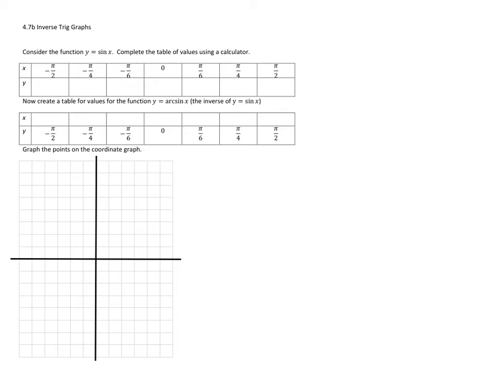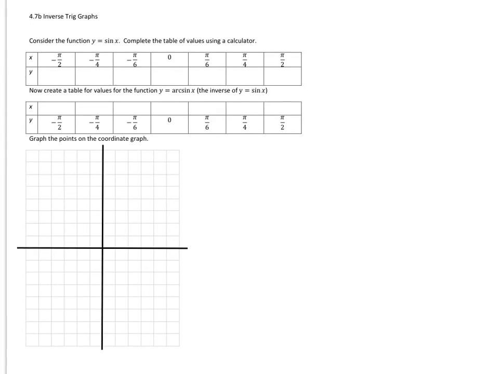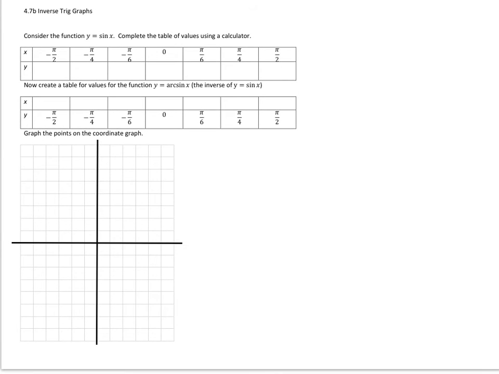When we talk about trig graphs, or the inverse of trig graphs, we want to consider the original graph first. So sine, let's see, if I think of this as a unit circle, and you could think of it as a unit circle or a graph, it doesn't matter. Negative pi over 2, that's going to be negative 1.